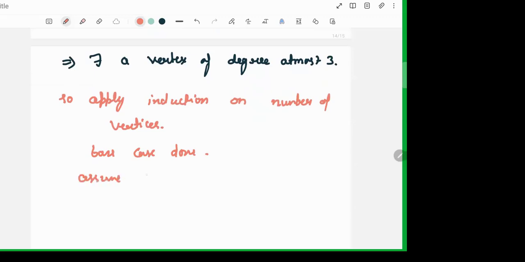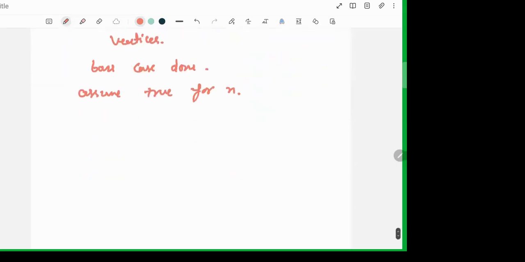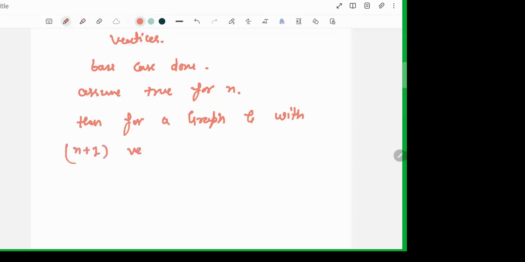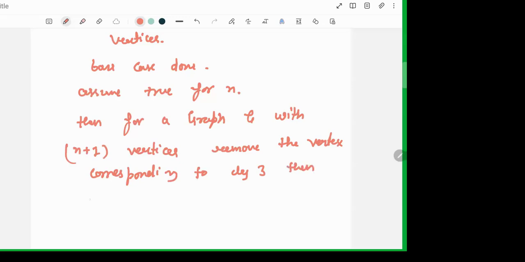Assume true for n, then for a graph G with n plus 1 vertices, remove the vertex corresponding to degree 3, then the remaining one is 4 colorable by hypothesis.